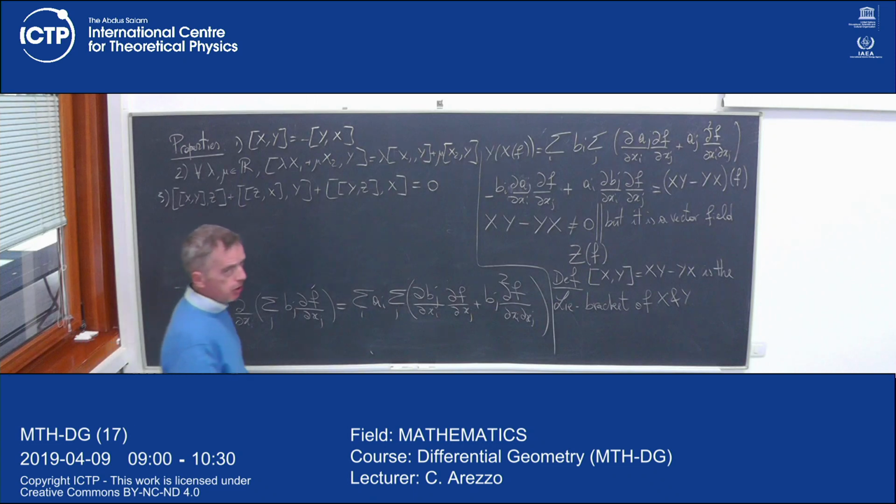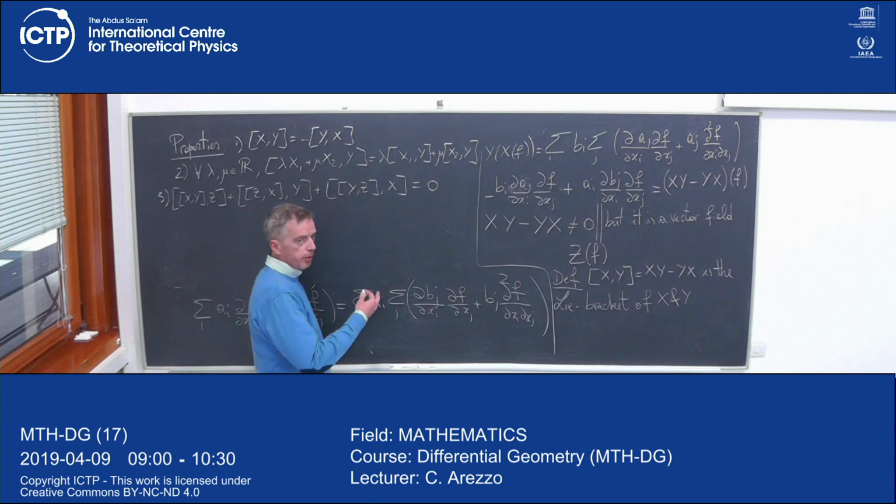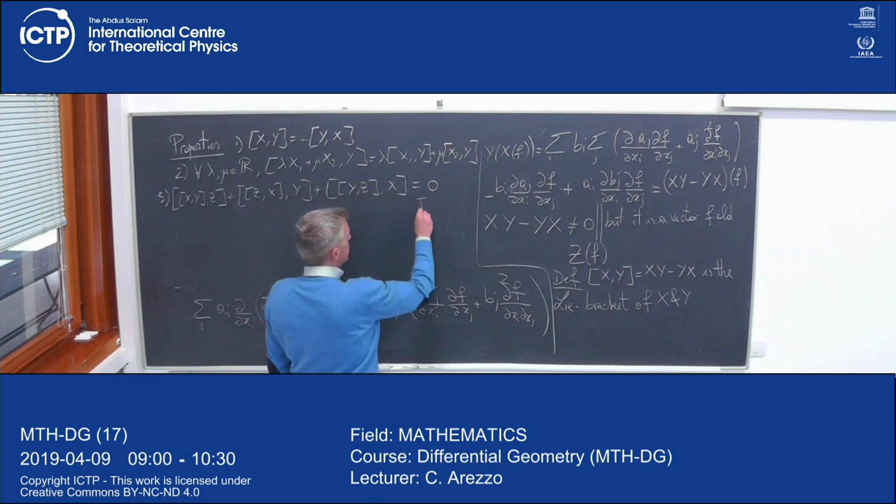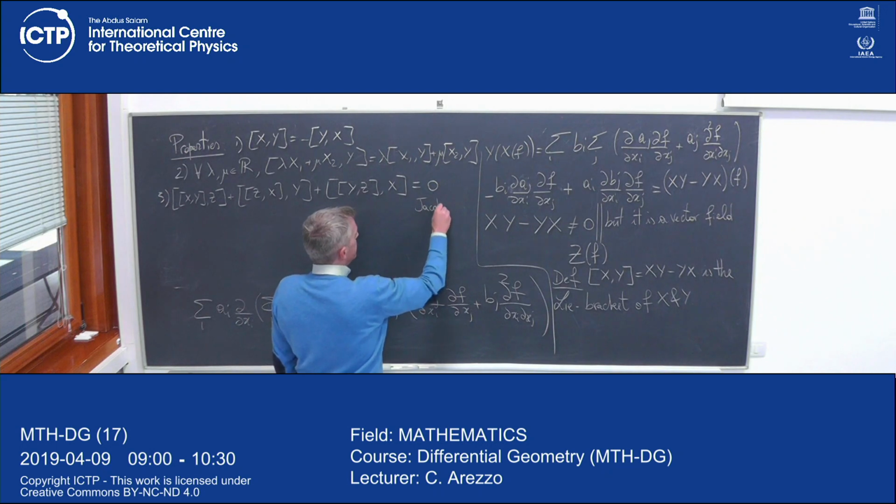This is always called the Jacobi identity. Every time you have a product which satisfies something like this, it is called the Jacobi identity.